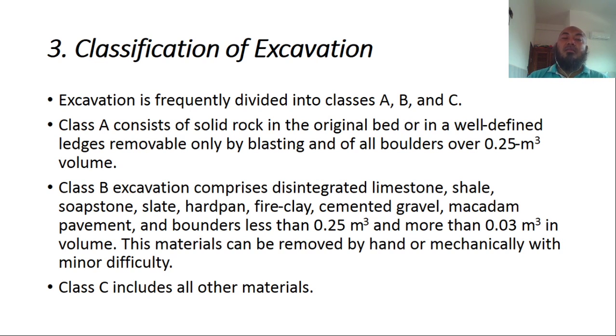This material can be removed by hand or mechanically with minor difficulties. So that is class B.